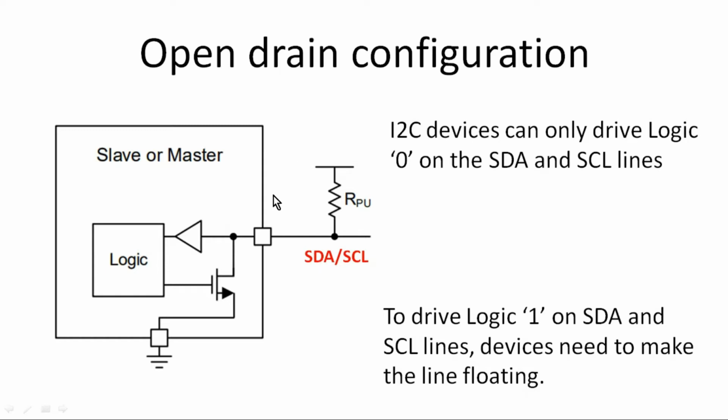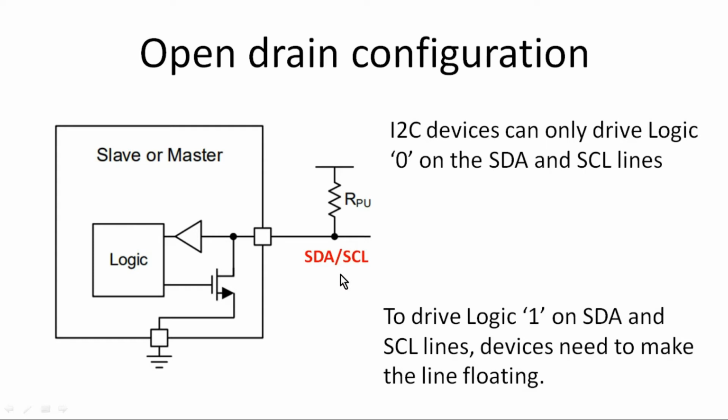Friends, let us go into a little more detail and consider the case where this device wants to make the status of the SDA or SCL line logic 0. How is it done? In that case, this logic has to drive logic 1 at the gate of this NMOS. When the status of the gate is logic high, this NMOS will be short circuit and ground will start appearing at the pad. So the status of this line will become logic 0.